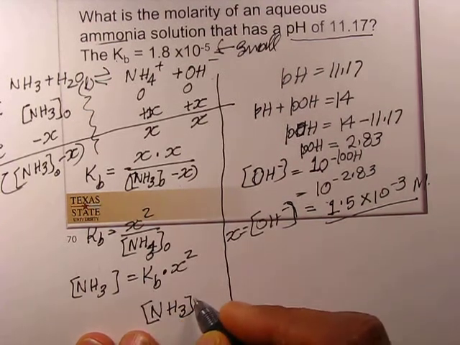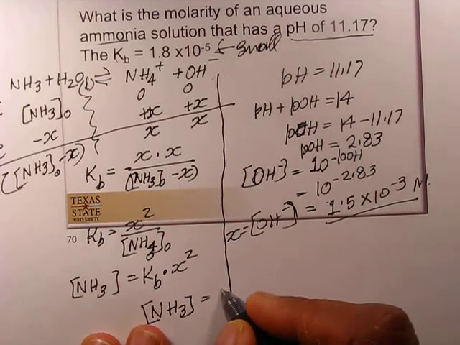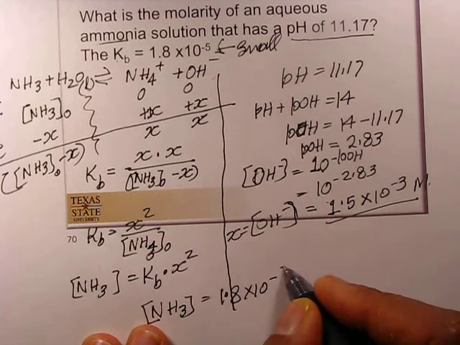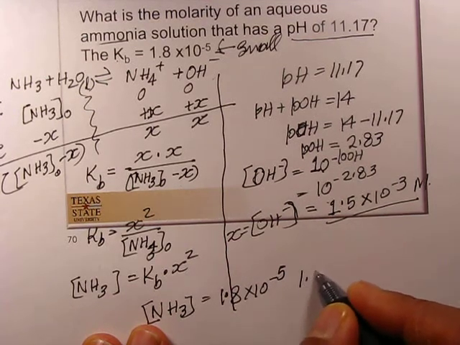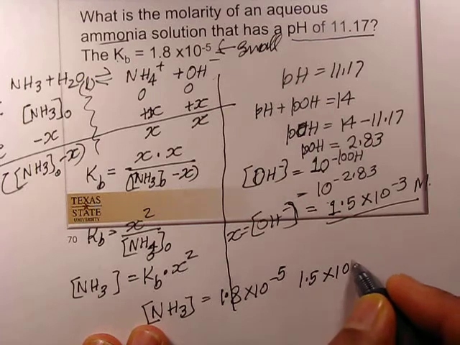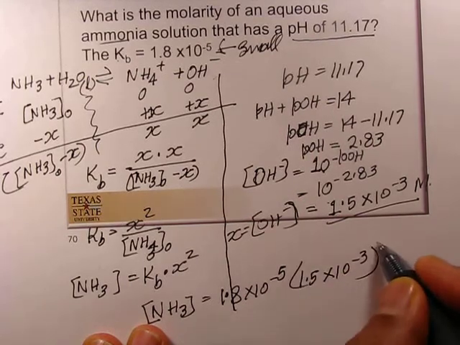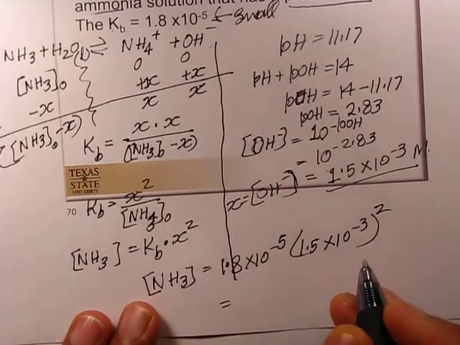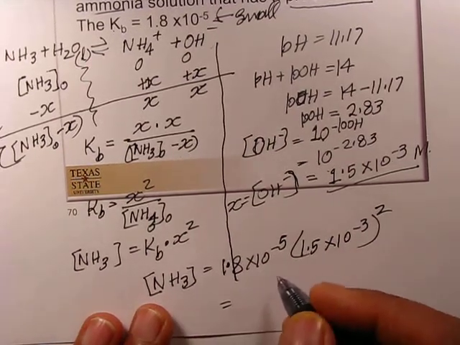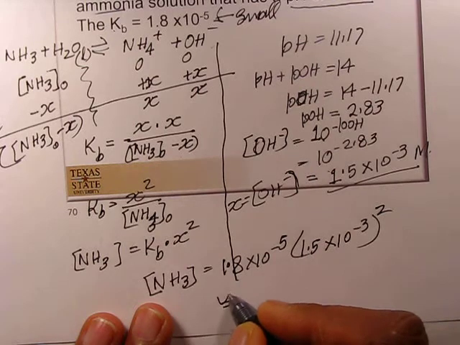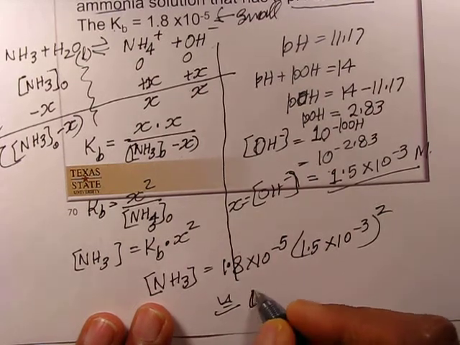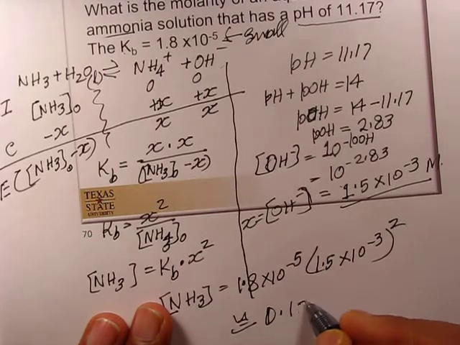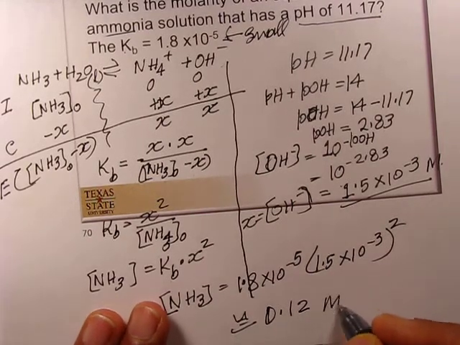The ammonia concentration will be equal to x squared over Kb, where x is 1.5 times 10 raised to the power minus 3 and Kb is given as 1.8 times 10 to the minus 5, and then we can calculate. It will come to somewhere around 0.12 something molarity.